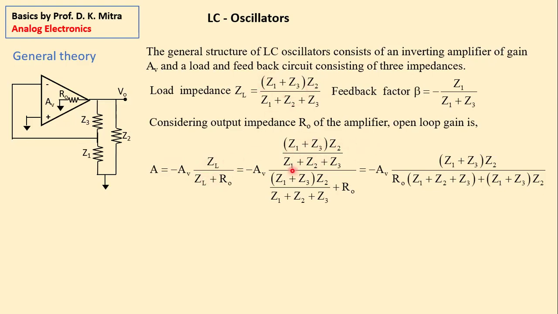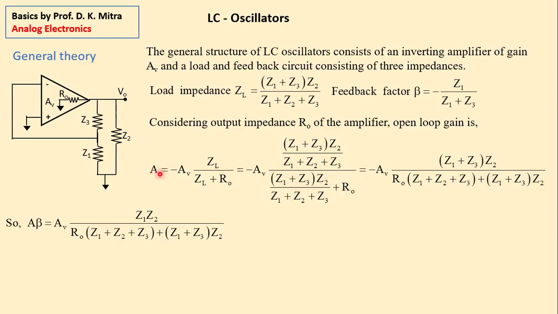Now this Z1 plus Z2 plus Z3, in both numerator and denominator, if we multiply by Z1 plus Z2 plus Z3, then in the numerator we are left with (Z1 plus Z3) multiplied by Z2, and the denominator will be RO multiplied by (Z1 plus Z2 plus Z3) plus (Z1 plus Z3) into Z2. I hope there is no problem with this.